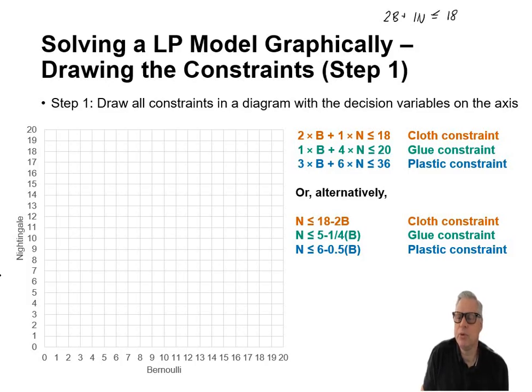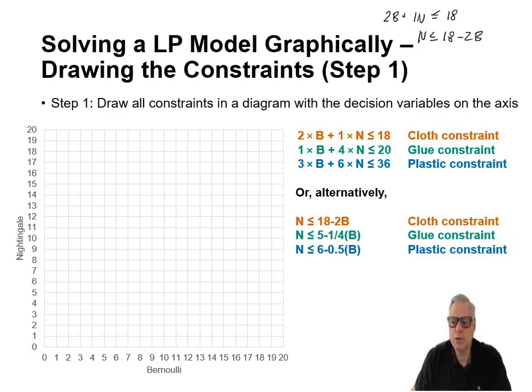Well, if I want to rearrange this equation to have n on the left side, I'll just subtract 2b on both sides, and we get n less than or equal to 18 minus 2b. And we can do the same thing for the other constraints, but there's even an easier way to do it.